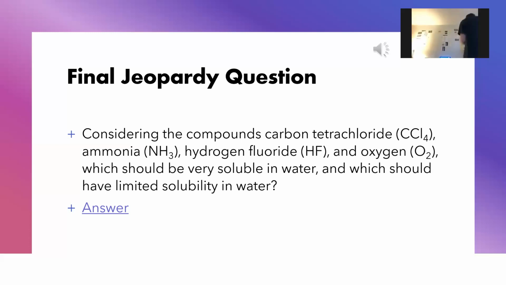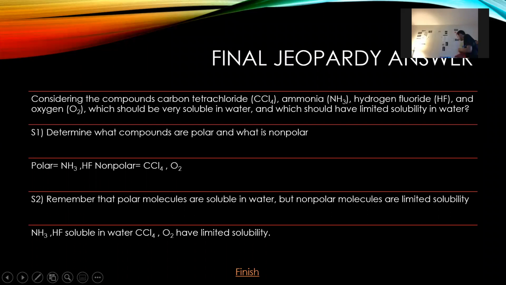Now I would like to see you explain how to solve this problem. All right? So Tetra, take it away. All right, here's what you do first. You find out which compounds are polar and which are non-polar, and you determine that based on the Lewis dot structure and the molecular geometry. You figure out that ammonia and hydrogen fluoride are polar.